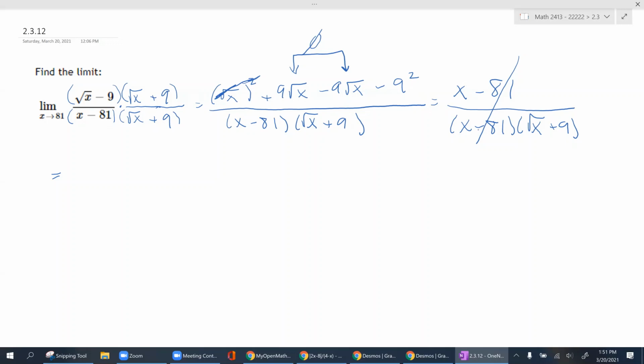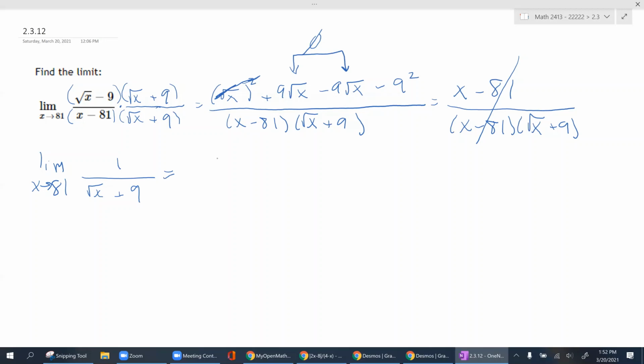So nothing is left on top, meaning that's just going to be a 1 over, wait, let me go ahead. We got to be very specific here. This is the limit as x approaches 81 of 1 over root x plus 9. Once we either factor or apply the conjugate to roots, you plug in your limit.